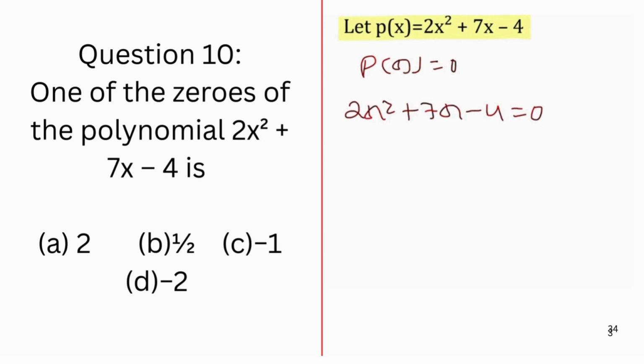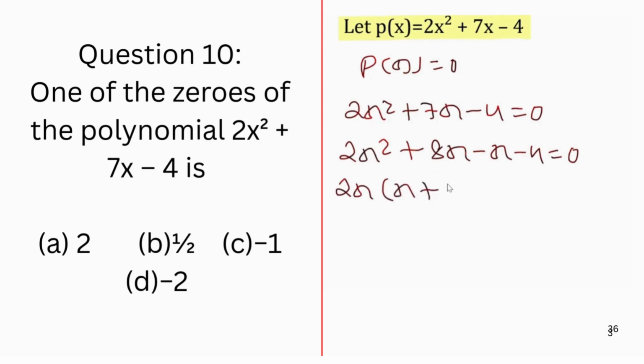Now by applying middle term factorization from the factors of 4 into 2, that is 8, we need to split this 7x. So we can split the middle term as 7x can be written as 8x minus x minus 4 equals 0. Taking 2x common from the first two terms, we get x plus 4, and taking minus 1 common from the last two terms, it is again x plus 4 equals 0.